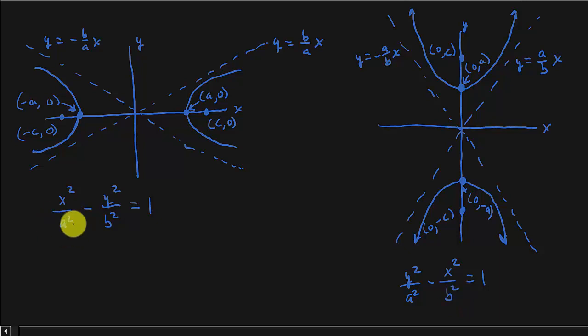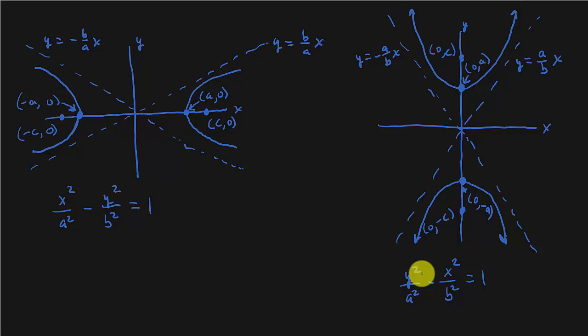So remember, a is always over here. A squared and b squared, they're always like this. It doesn't switch up. The a squared doesn't necessarily stay under the x squared all the time like it did when we were doing the ellipse. It can be under the y squared.